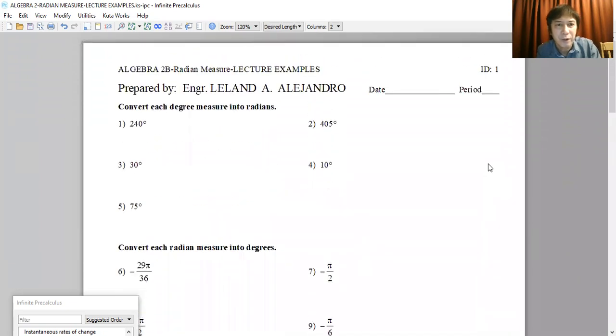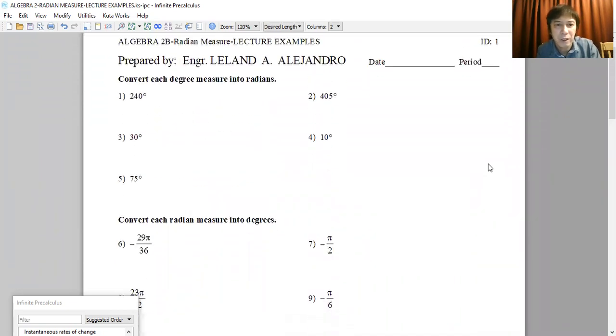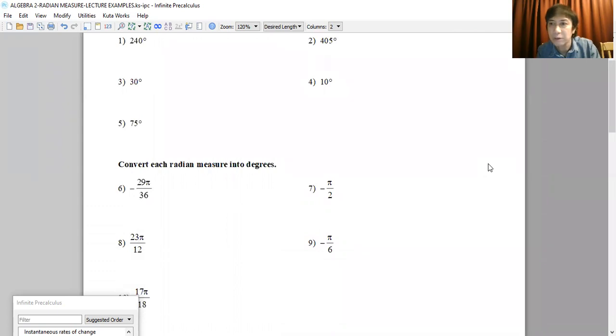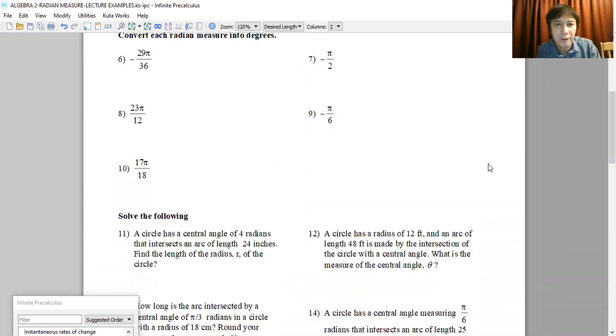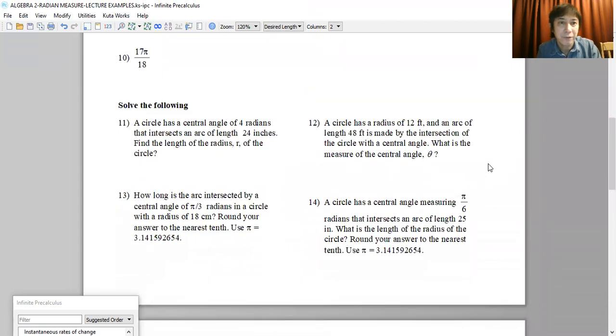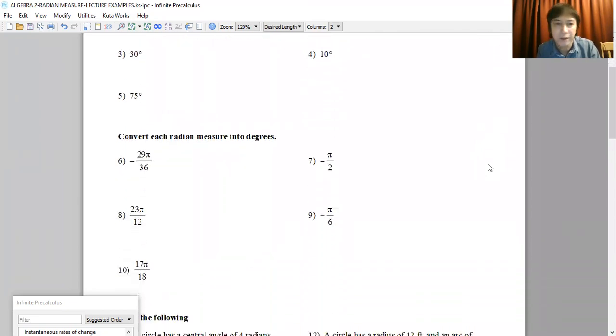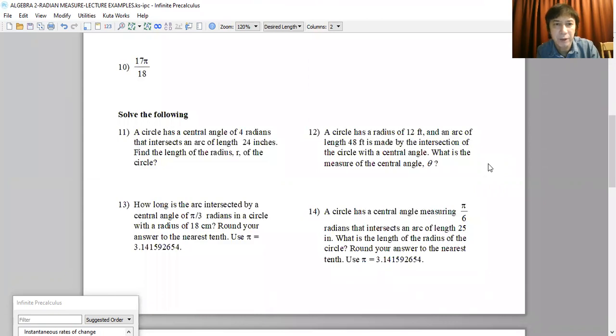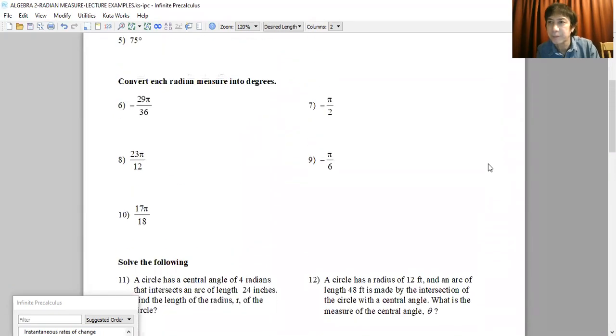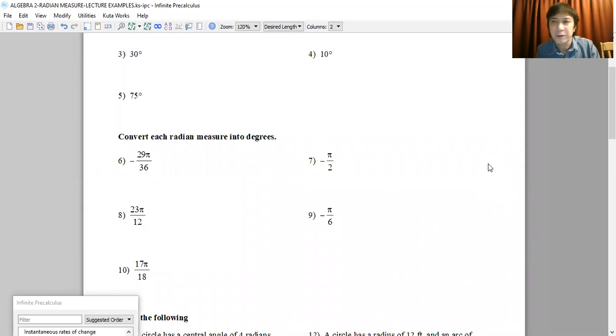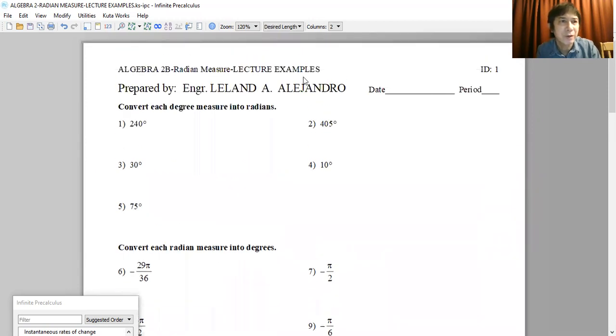The first part is conversion from degrees to radians, and the second part is conversion from radian measure to degrees. And then the last part is something about worded problems: arcs, central angles, and radius. Okay, it's something to do with those variables. So we're going to solve one by one from the first number.